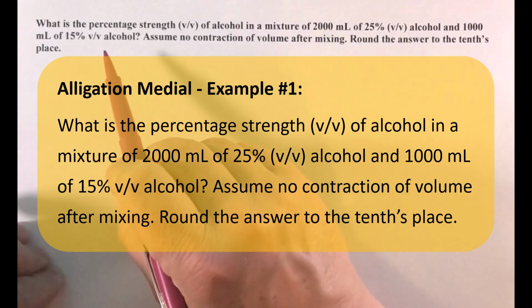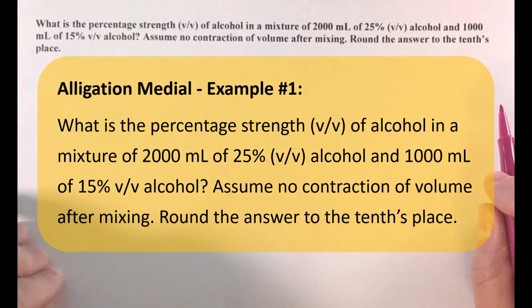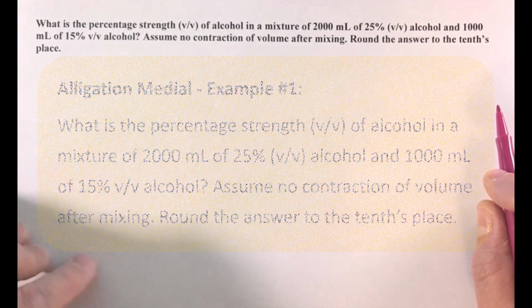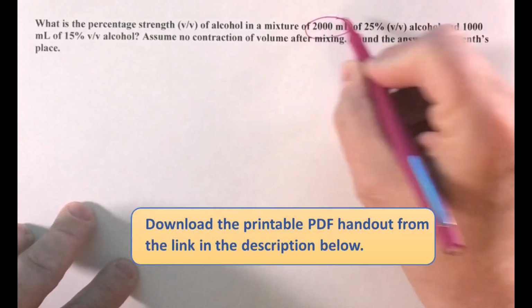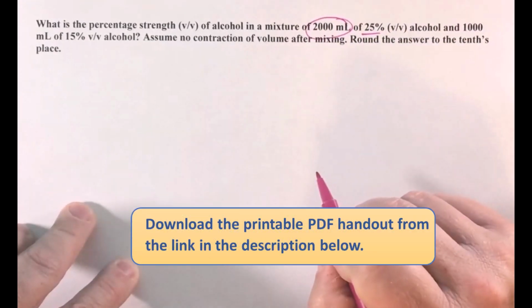Okay, the problem says, what is the percentage strength, volume to volume, of alcohol in a mixture of 2,000 milliliters of 25% alcohol and 1,000 milliliters of 15% volume to volume alcohol? Assume no contraction of volume after mixing. Round the answer to the 10th place. Okay, so for this problem, we have the 2,000 milliliter solution that has a 25% concentration of alcohol.